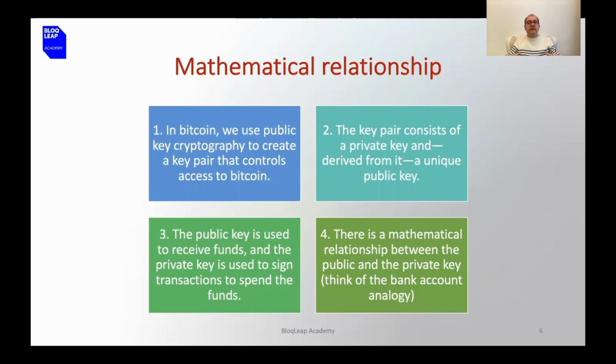And this public key is used to receive funds, okay? And your private key is used to sign your spending when you're going to sell or exchange your Bitcoin. All right, it's very easy to understand. And obviously, you've got a mathematical relationship between this public key and this private key.